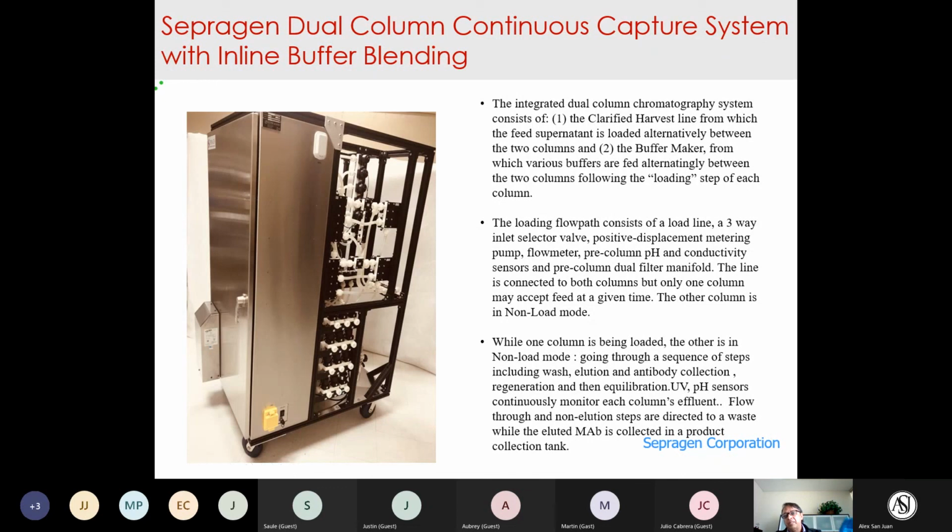So the system can make the buffers that you wish, from concentrate stock solutions. Whether you just put in salt, monophosphate, diphosphate, and water, you can get the right pH and the right conductivity, which is integrated in with any chrom system.